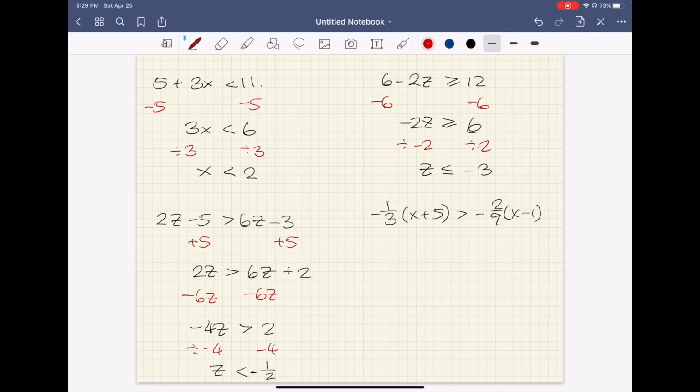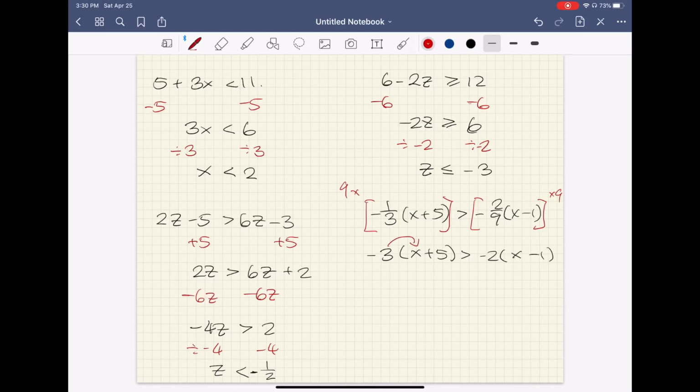We don't like to work with fractions, so we want to get rid of the denominators by multiplying by the LCD. And what is the LCD here? 9, right? So multiply by 9. Okay, so that will be negative 3 times x plus 5 greater than negative 2 times x minus 1.